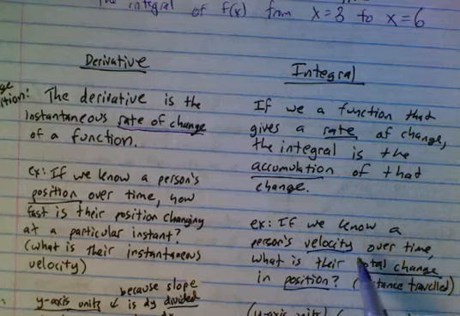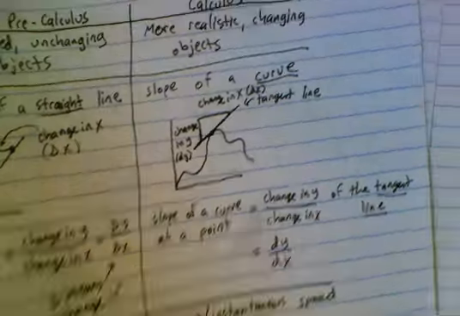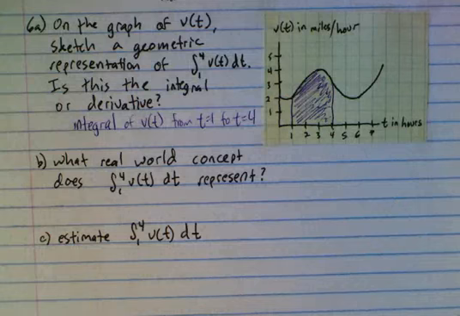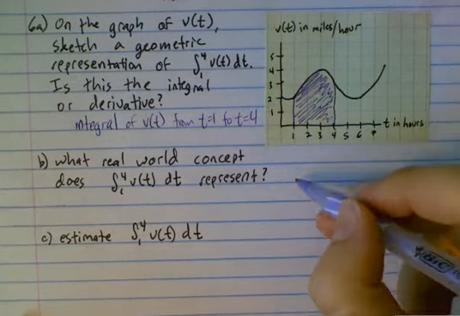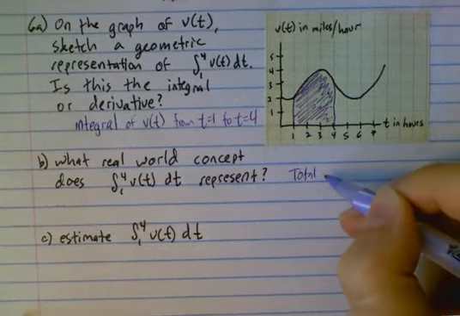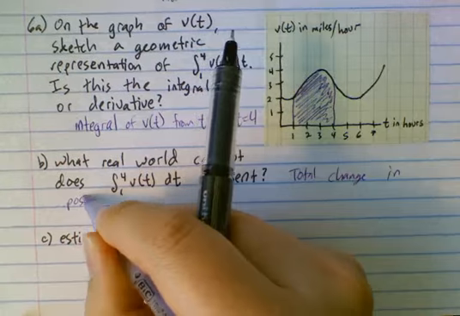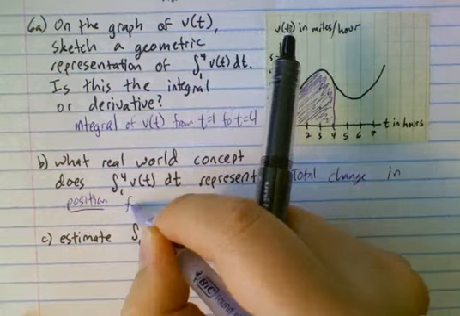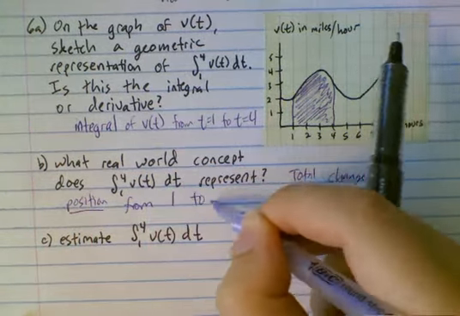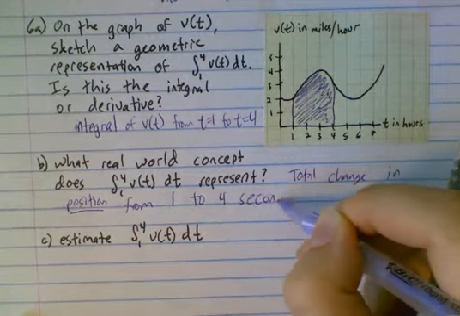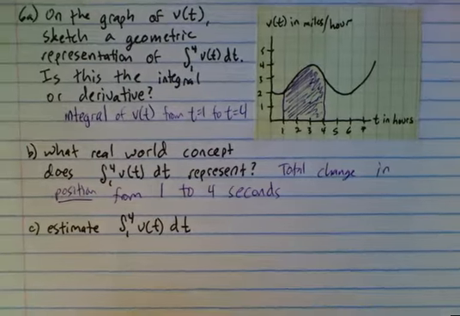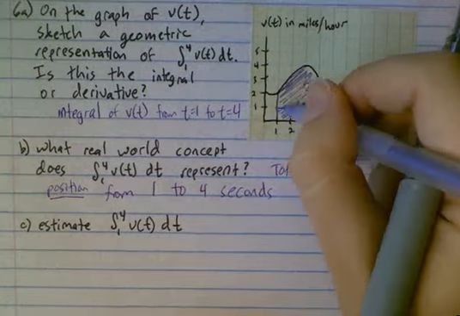So if we know a person's velocity, we're looking at their change in position. So this represents total change in position from 1 to 4 seconds. And now we want to estimate that.